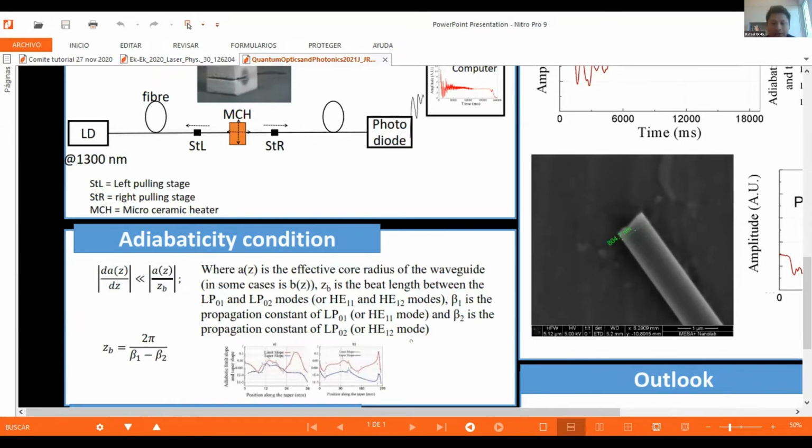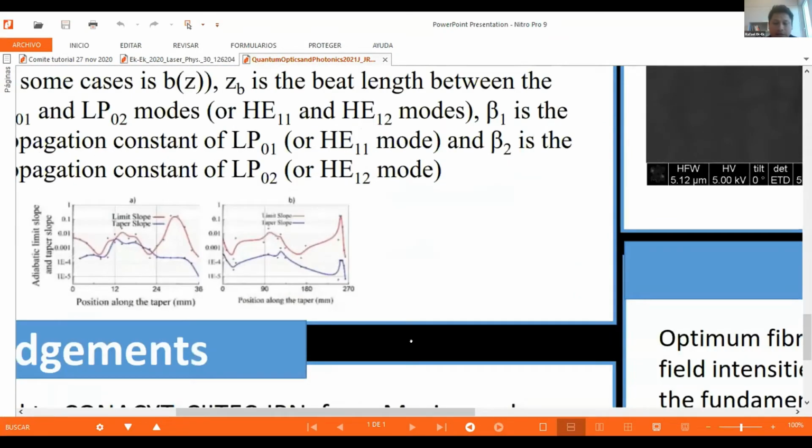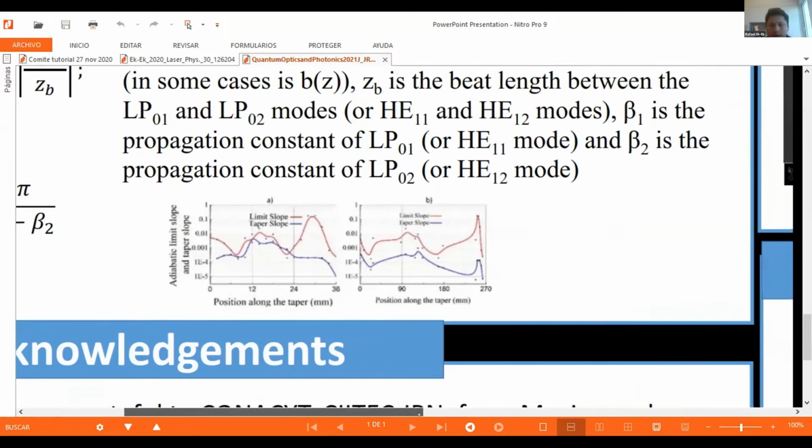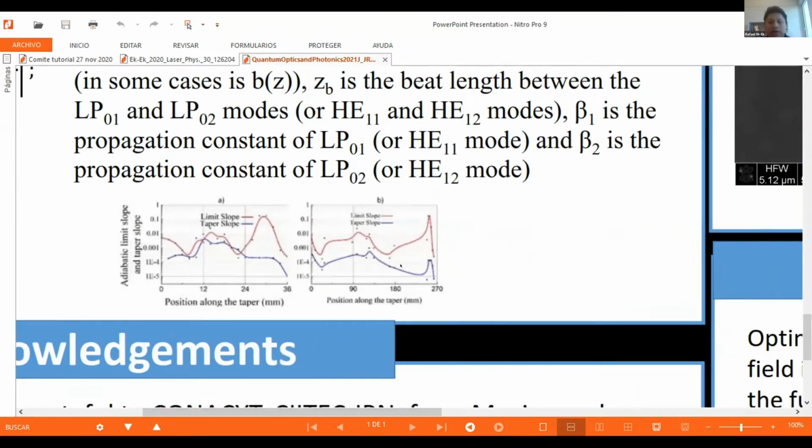And I show you here two graphs that we simulate. In the first one, you can see that the limit slope is not much higher than the taper slope, so it means that the taper is not adiabatic. And in the second graph, we can see that if we have a longer taper, we can have adiabatic tapers.